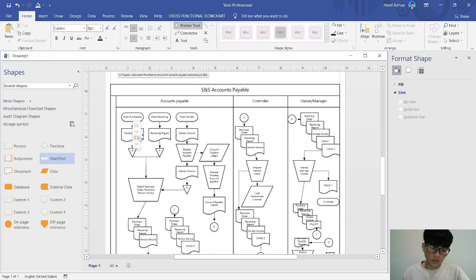The purchase order stored in a purchase order file and the receiving report stored in a receiving report file separate. So these two files were using inverted triangle.